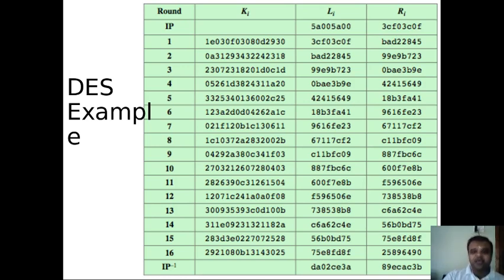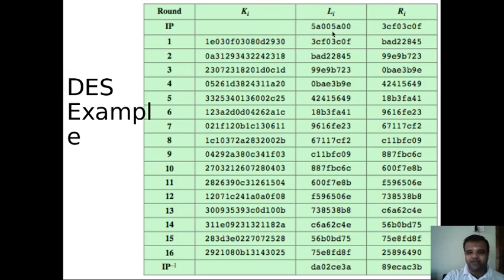Because we cannot use binary in the example, your textbook shows the example in hexadecimal. After the initial permutation, say this is your plain text that has to be processed.